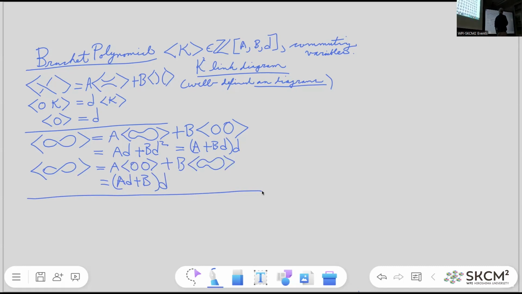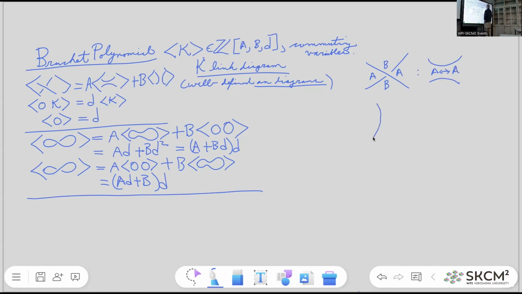Now, before I go further, the convention about which way you smooth is as follows. You can think of it this way, that you label this with an A here and an A here and a B here and a B here. And then you see that when you smooth it this way, the A's are communicating with one another.